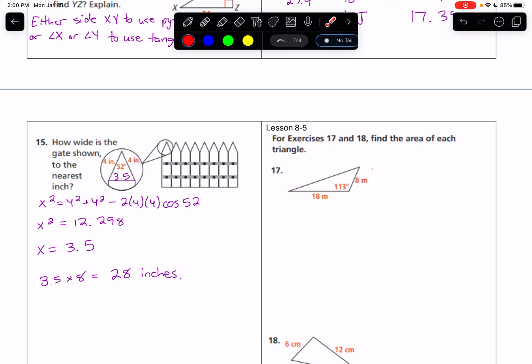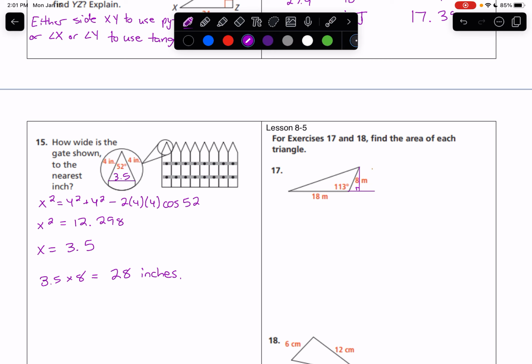But another way to do this, instead of using the law of cosines twice, is to remember that you can find the area of an obtuse triangle by artificially lengthening one of the sides that you already have and drawing the height down to that side. That works as well. And that height, of course, is going to make a right angle with the base. So if I found 18 times this amount divided by 2, that would give me my answer.